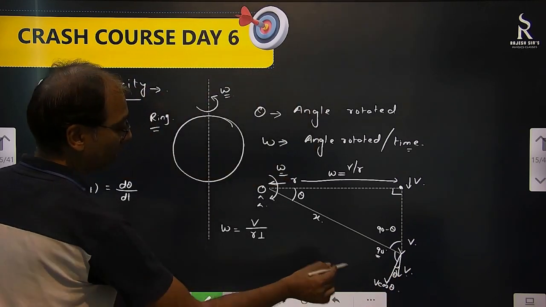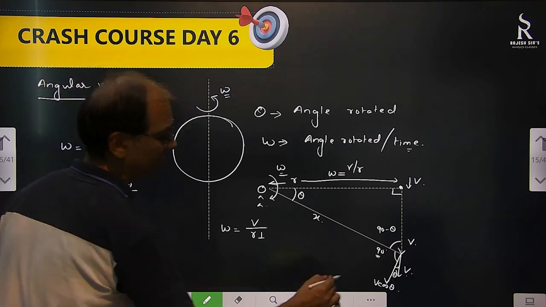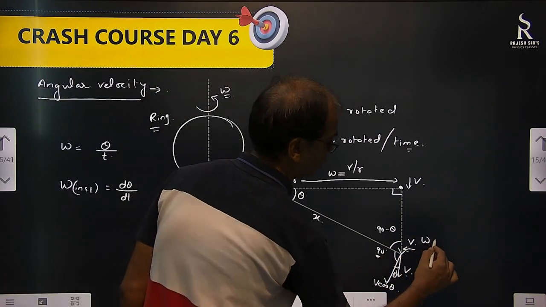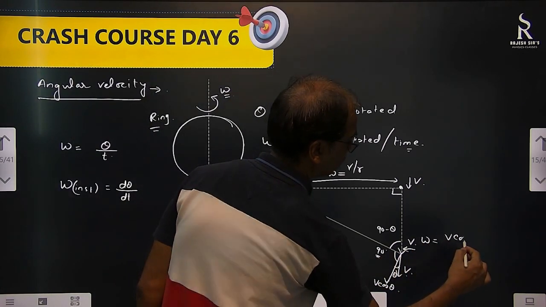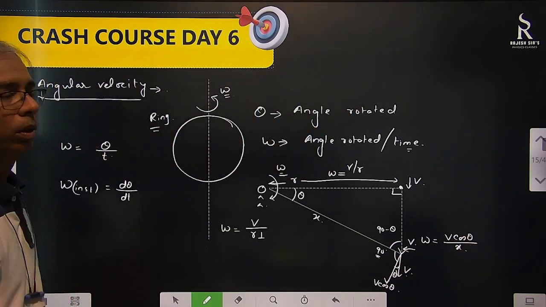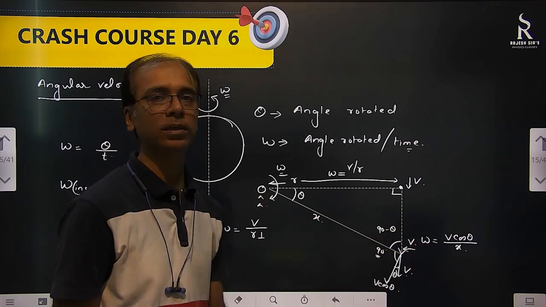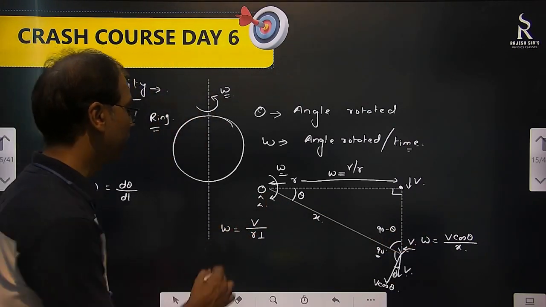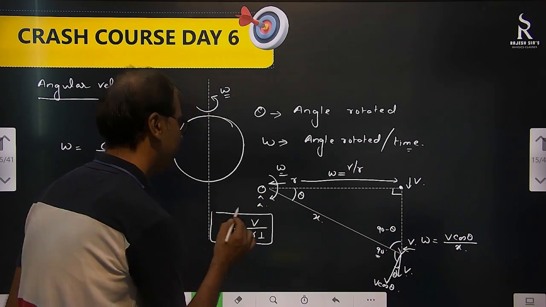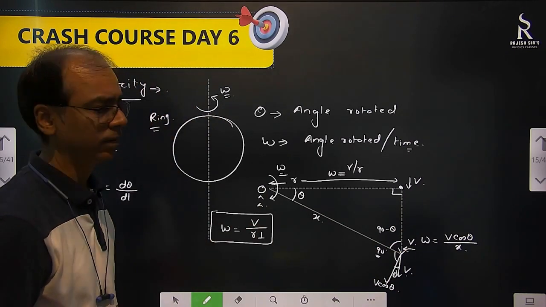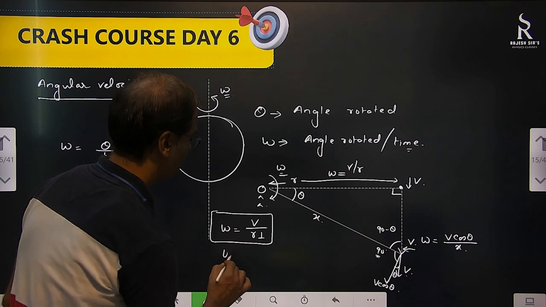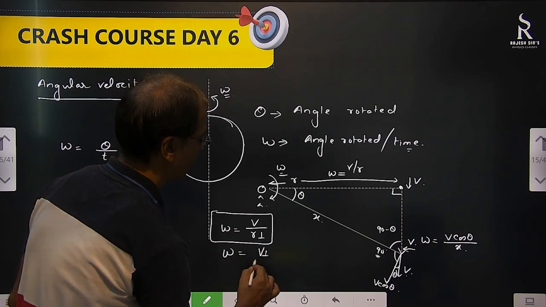So omega at this point is V cos theta by x. What we did: I found the component perpendicular to x and wrote V cos theta by x, because omega is V by R perpendicular, or V perpendicular by R, whichever way you write it. Okay, omega is V perpendicular by R.